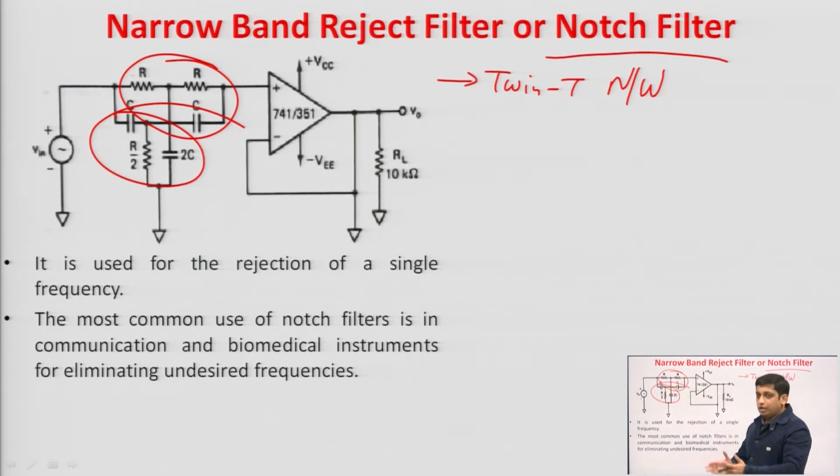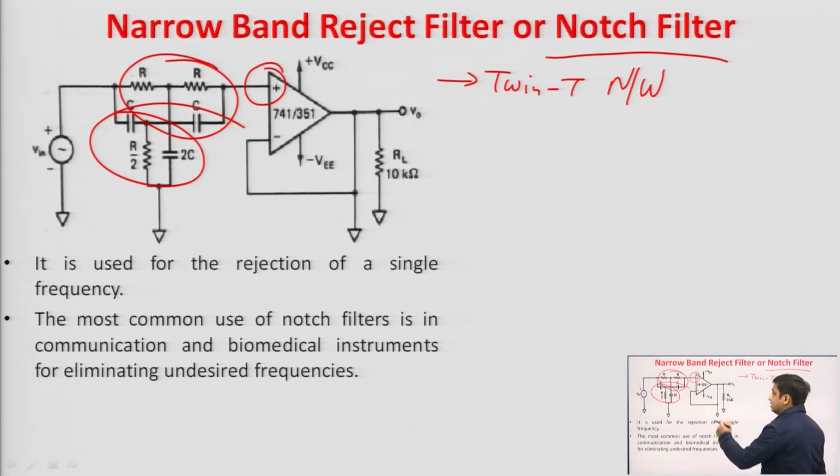If we only use the twin T network, then it is the passive notch filter, and when we apply the response of this twin T network at the non-inverting configuration of the op amp, means we are using this op amp, then it becomes an active notch filter, right. And you can see that this op amp is in non-inverting configuration and it is just the voltage buffer.